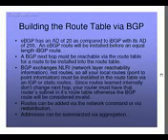Building the route table via BGP. We talked about the administrative distance already. BGP next hop. When you get NLRI, network layer reachability information, from your neighbors, whatever they have set as the next hop for that route actually has to be reachable via your local route table.